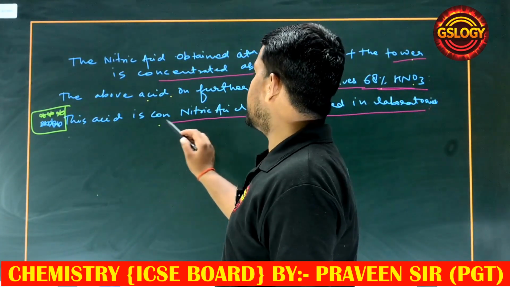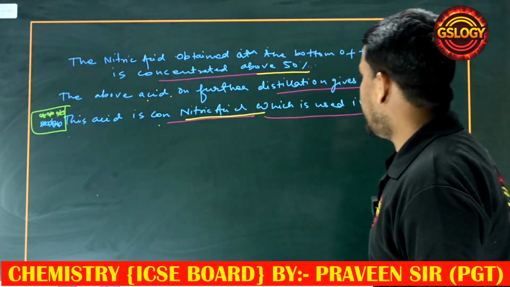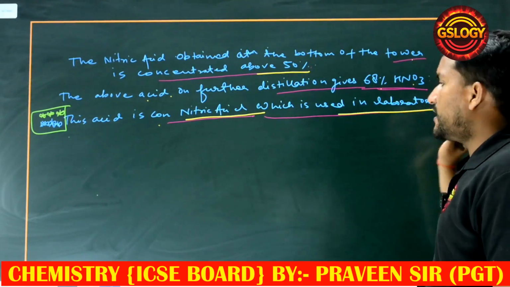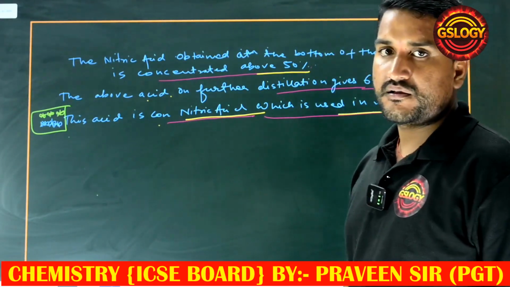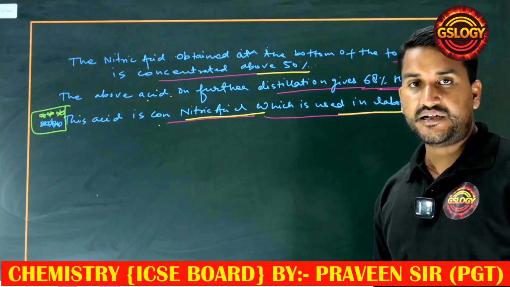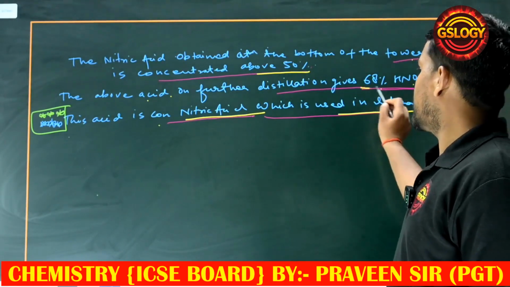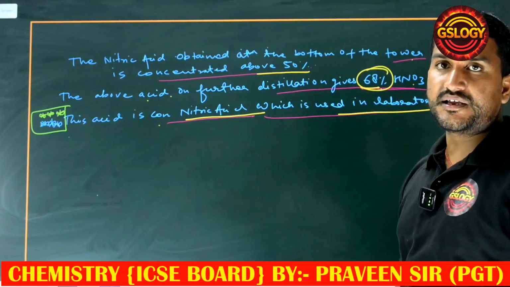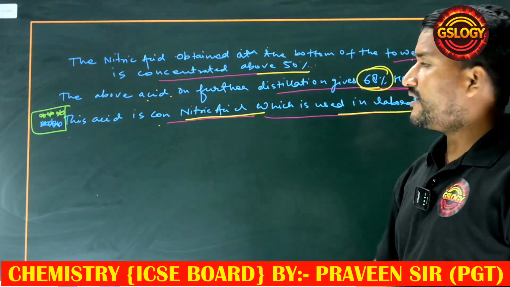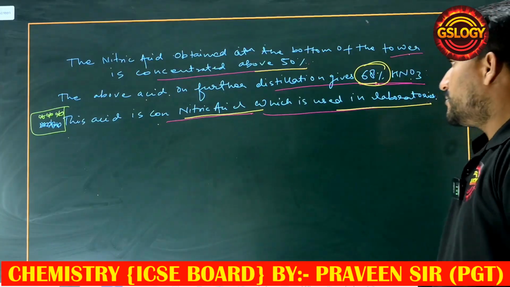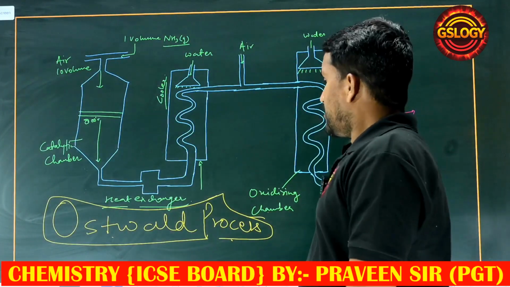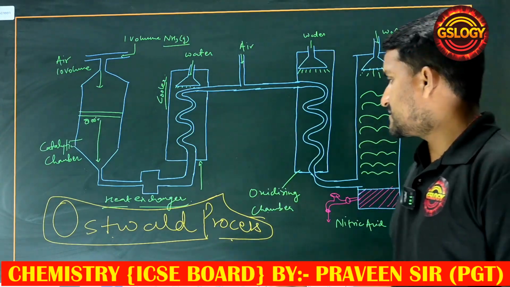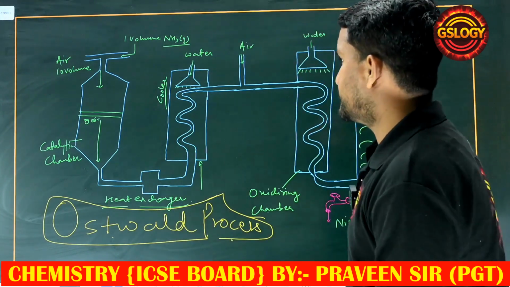This is the concentrated nitric acid which is used in the laboratory. It means concentrated nitric acid has a percentage of 68%. And that is the whole Ostwald process.